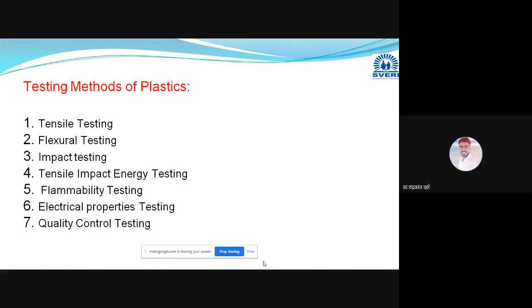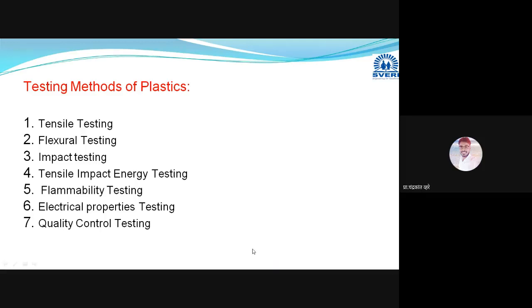In the plastic industry also, after manufacturing the plastic from wastage material to raw material to finished product, after completion of this whole journey, we need to test that plastic product to check whether it is up to the benchmark or not. For that purpose, we have different testing methods.